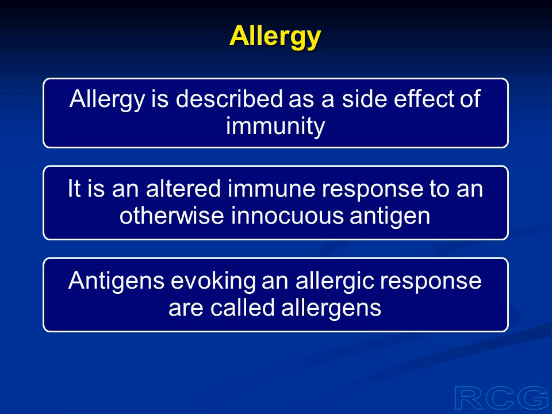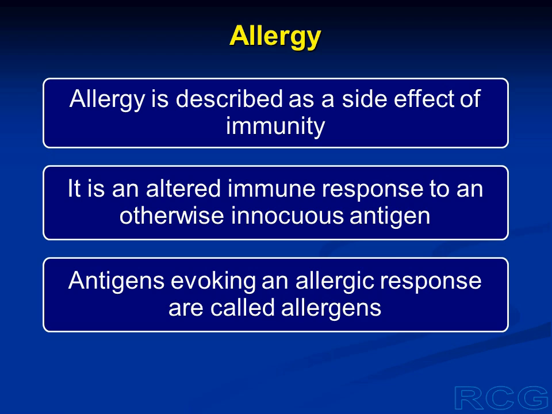Instead of the normal immune response, it produces a somewhat different response. This response is evoked by some antigens which are otherwise harmless, innocuous. And this altered response is known as an allergic response. The harmless antigens which evoke an allergic response are known as allergens.